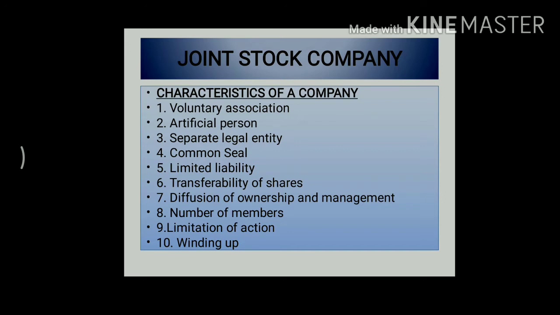That means the company can buy, sell anything in its own name. It can have its own property and even it can file a case against anyone on its own. So that's the reason it is called artificial person, as it is created by the law.